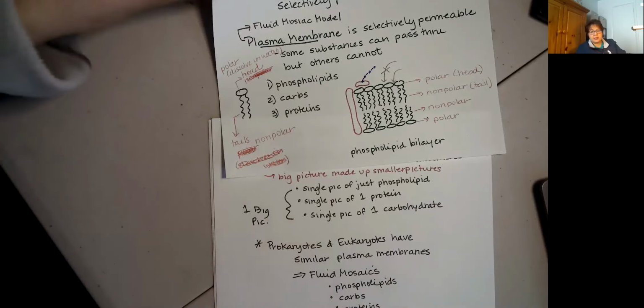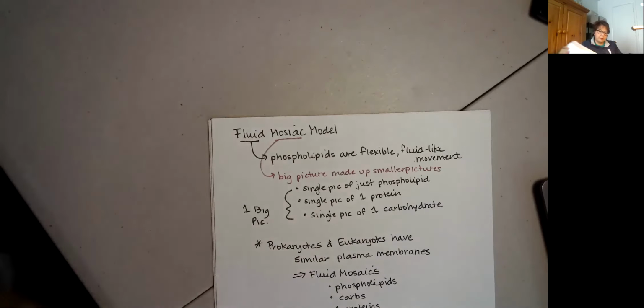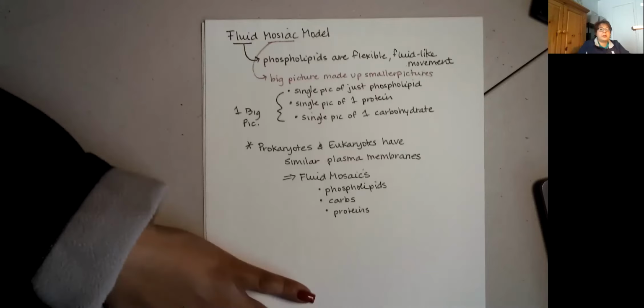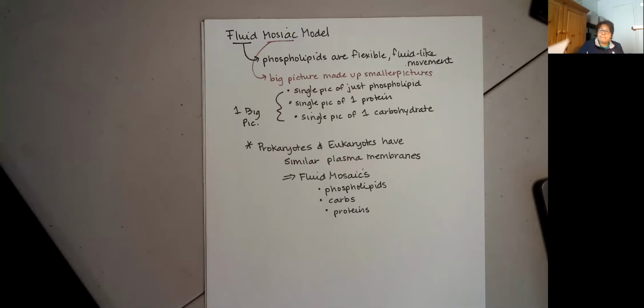They differ in the types of sugars and the types of proteins, but they're both made up of fluid mosaics.